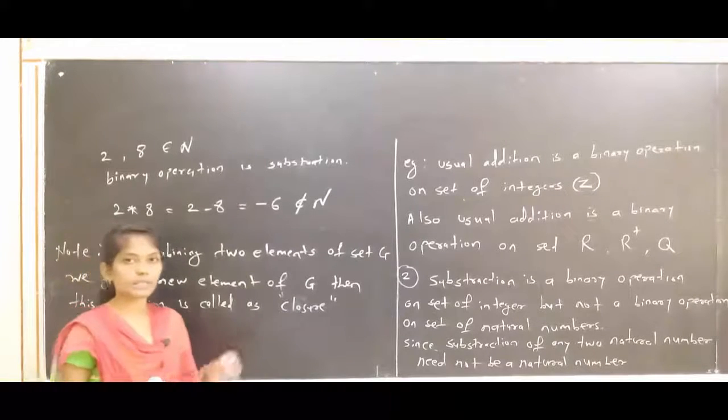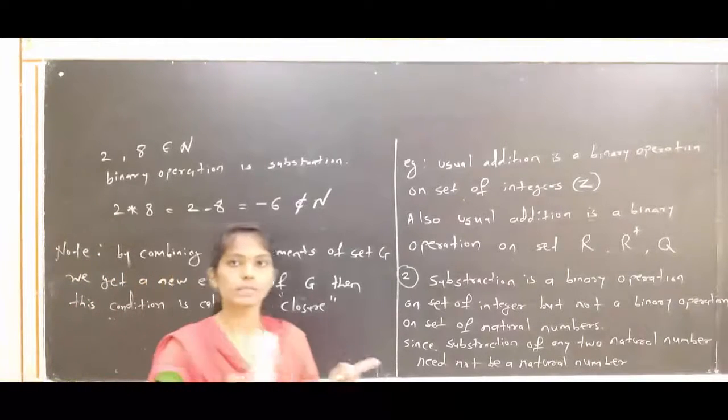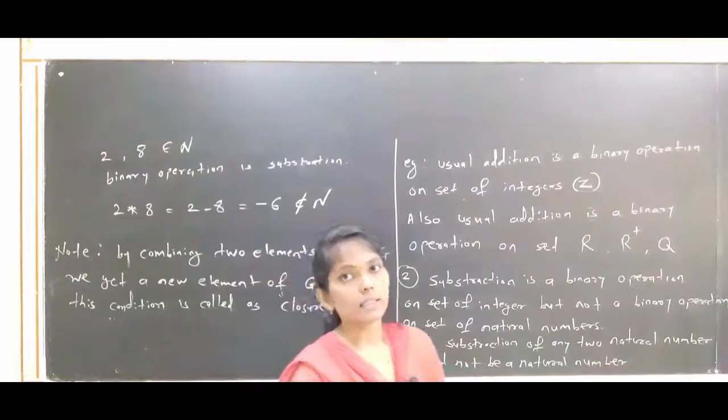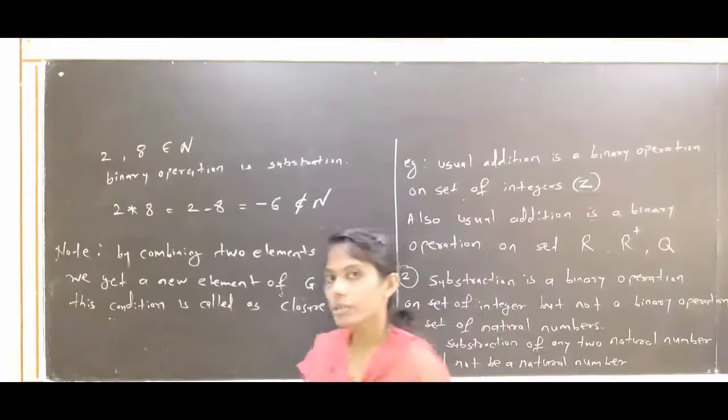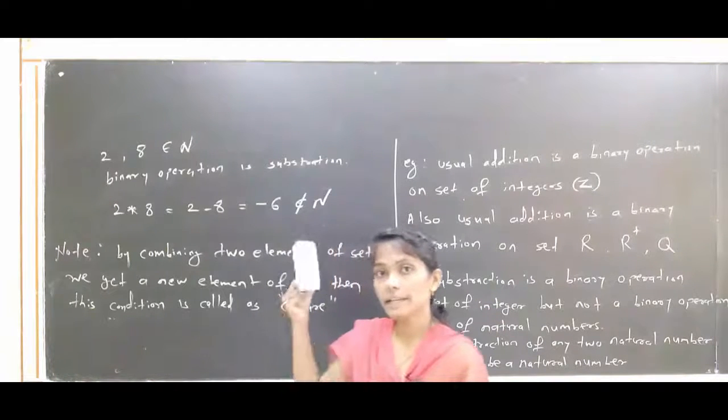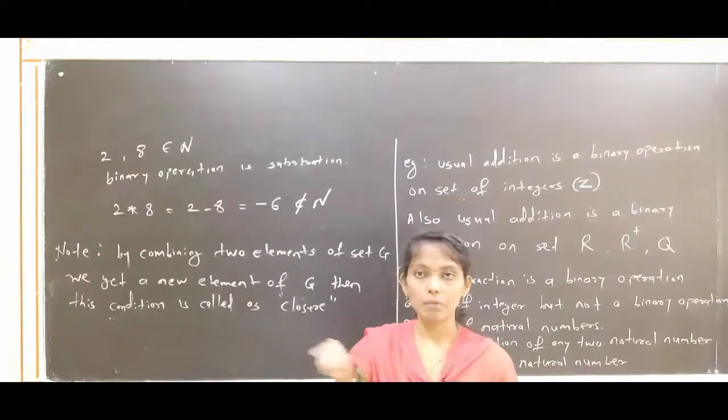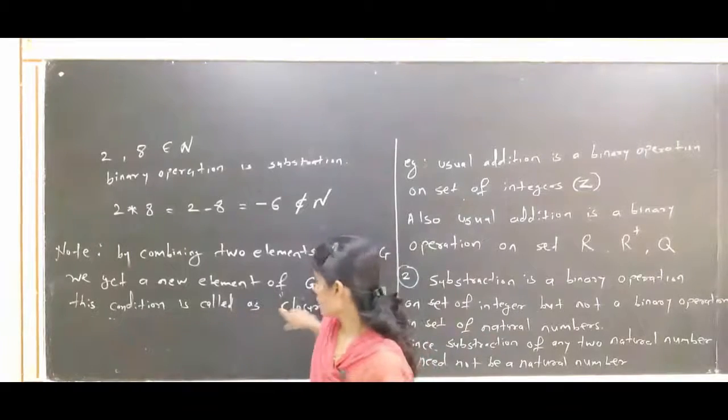That means if we consider a and b belonging to the set G, then by combining these two elements we get a new element again in set G, then that type of condition is called closure.